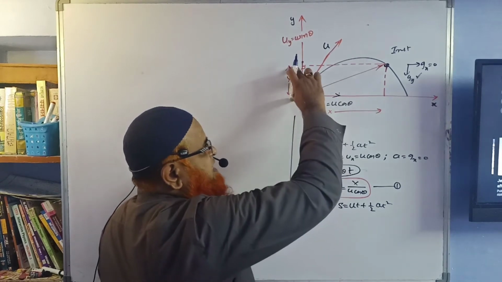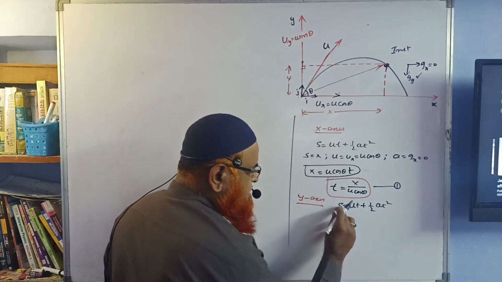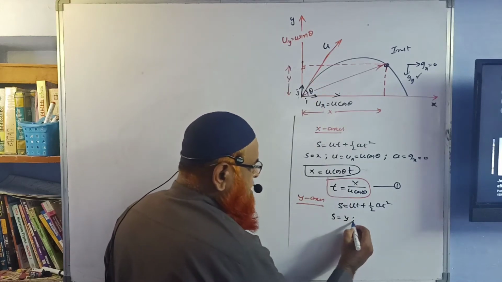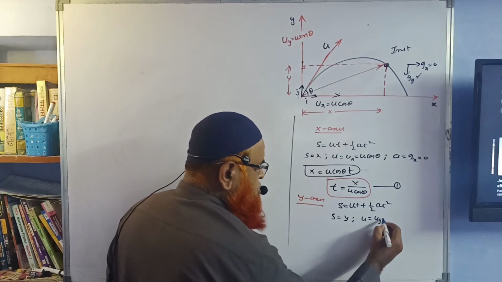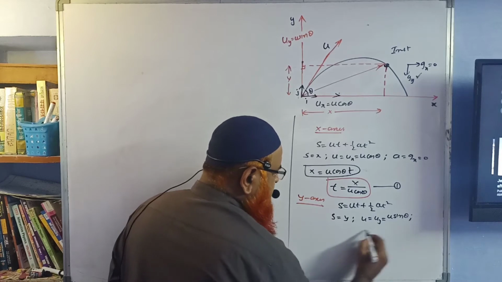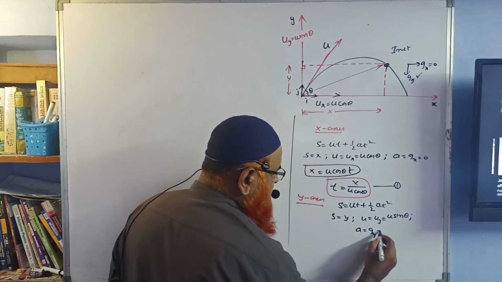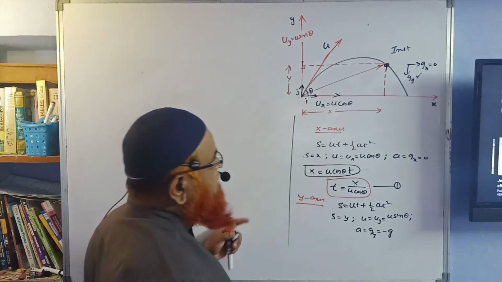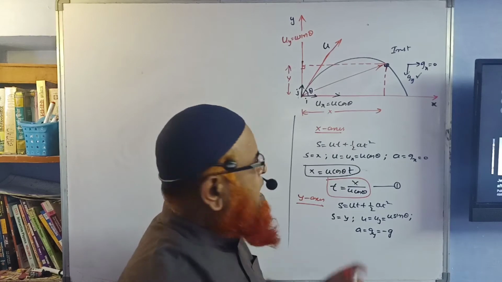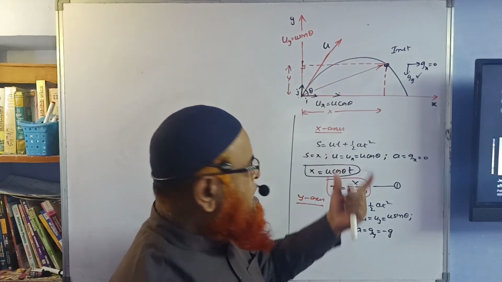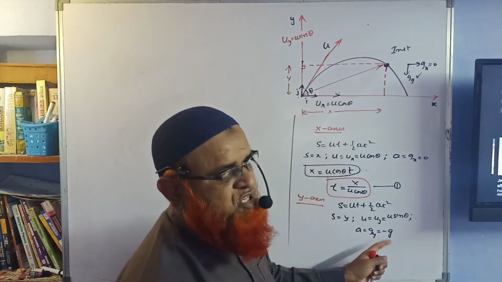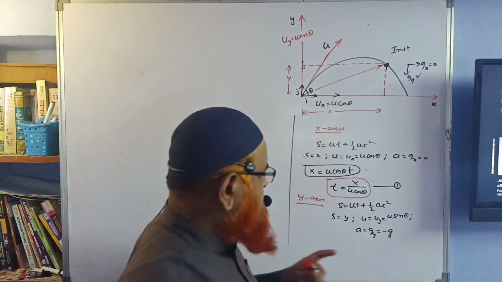Along the y-axis, s is the displacement y, u is uy, which is equal to u sin theta, and a is equal to gy, which is considered to be minus g. Why? Because you are throwing a body upwards, making a certain angle with the horizontal, so a is minus g because you are moving against the gravitational force.